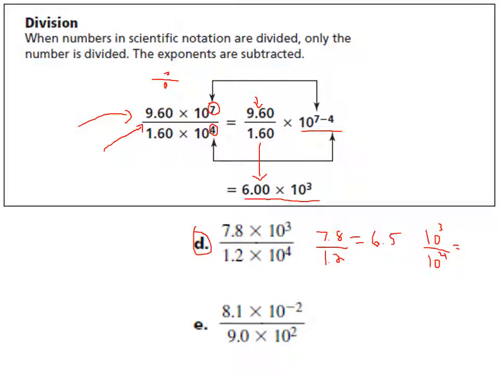And now you're going to have 10 to the power of the top one minus the bottom one, so 3 minus 4. And 3 minus 4 is not going to be 1, it's going to be negative 1, 10 to the power of negative 1. So our final answer here is going to be 6.5 times 10 to the power of negative 1.